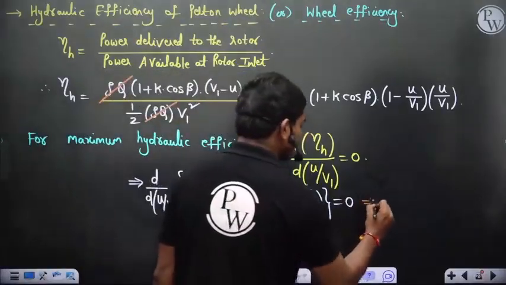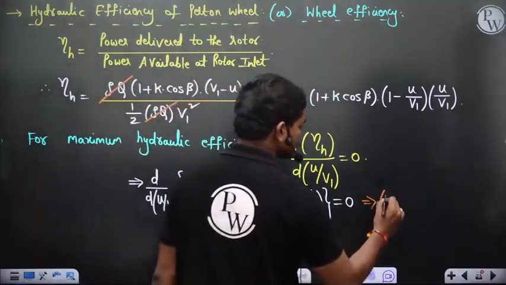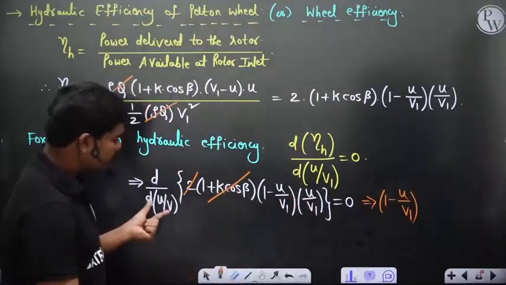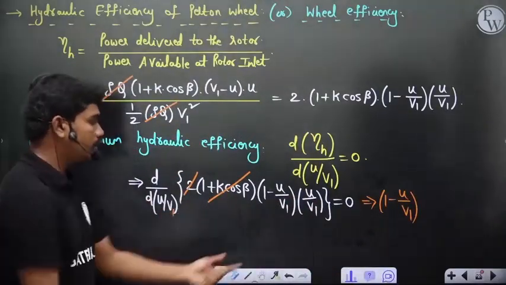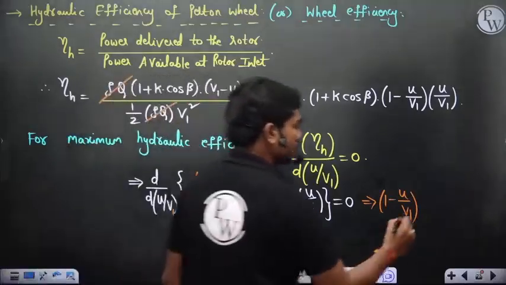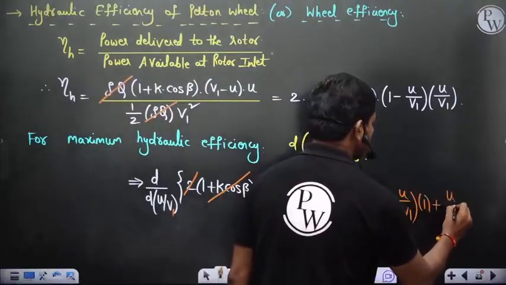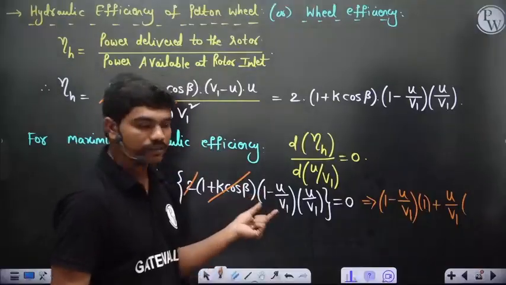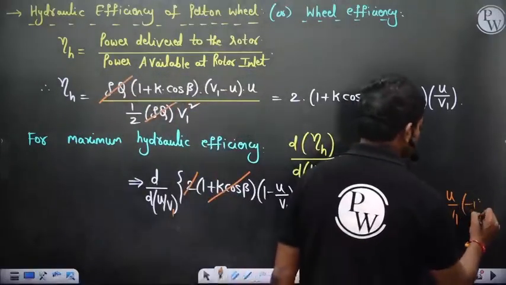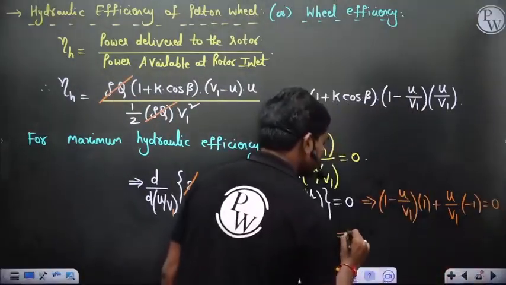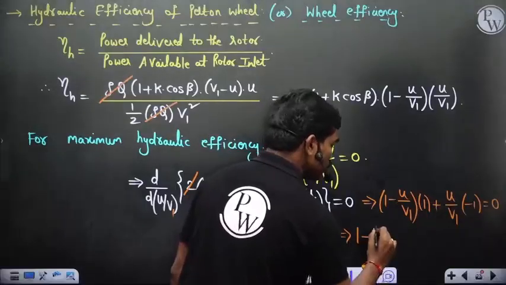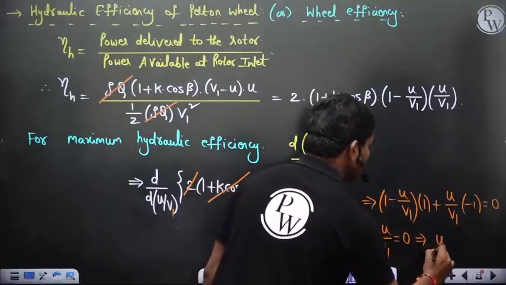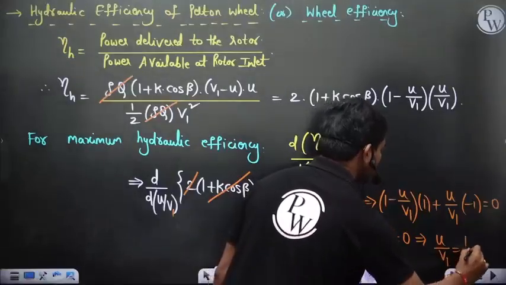Now the differentiation gives the first function into the derivative of the second, which is 1, plus u by v1 into the derivative of the first, which is minus 1. So this implies 1 minus 2u by v1 is equal to 0. So u by v1 should be equal to 1 by 2.